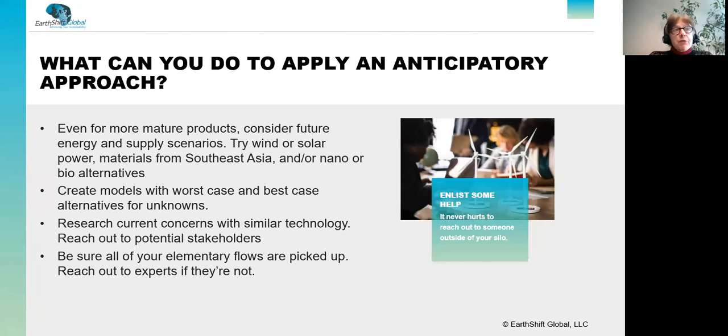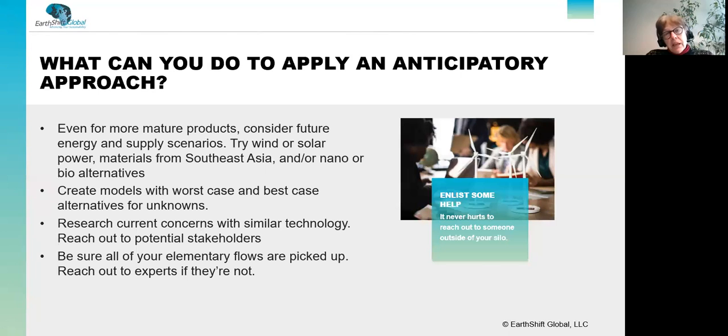You can always create models with the worst case and best case alternatives for your unknowns. So when you're doing an LCA for a new innovation, something that is just a concept right now, you're just in lab scale, you're just in pilot scale, you may not know all the answers yet.